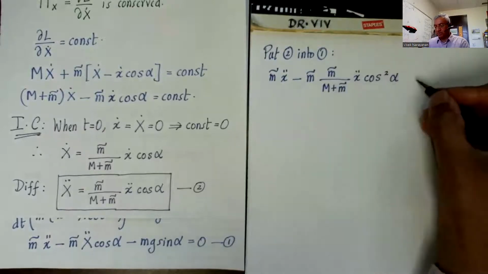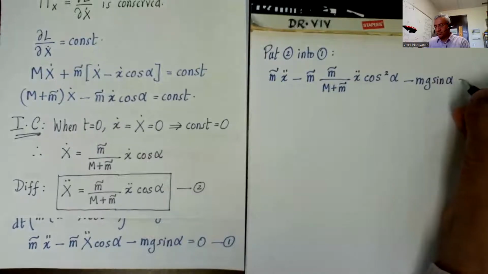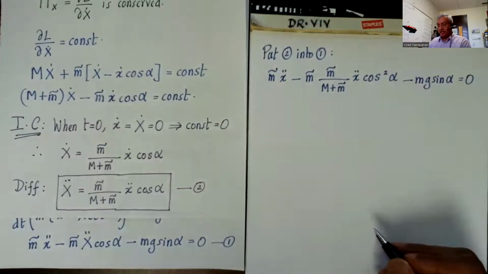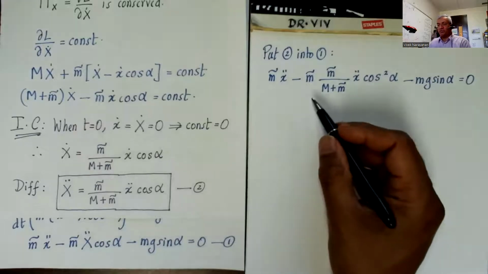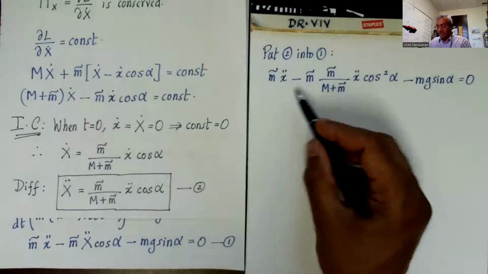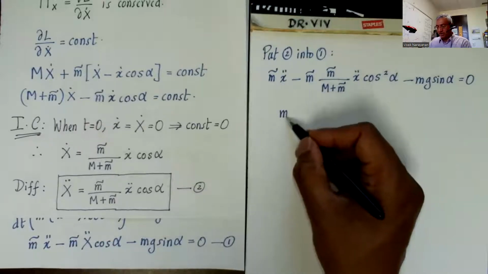That gives me cosine squared alpha. So now I have an equation purely in x double dot, which is really great. So we can solve for x double dot. Now, I can take out mx double dot common from both terms, and let's see what I get.